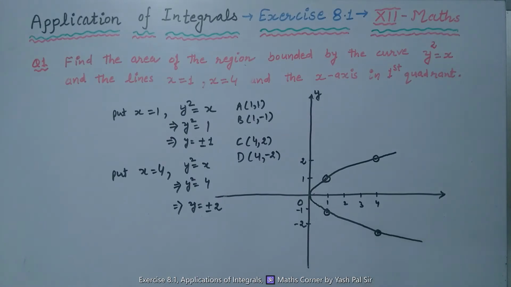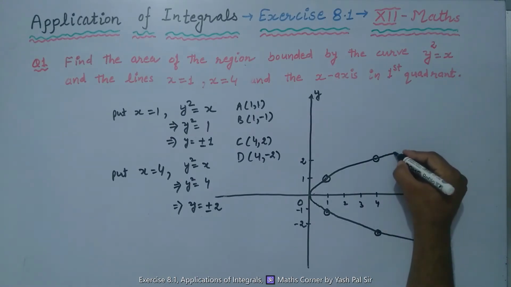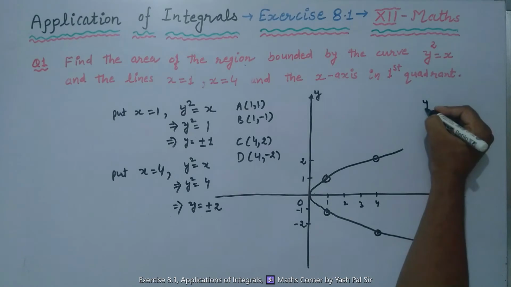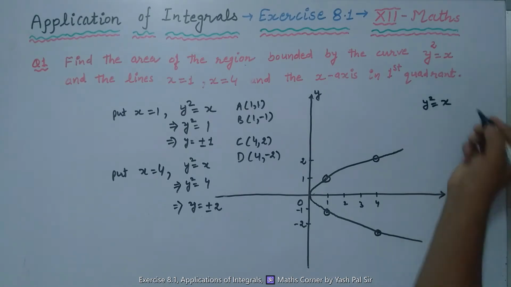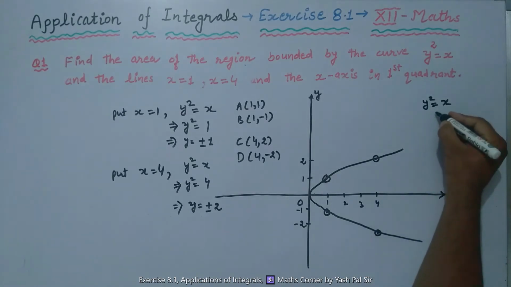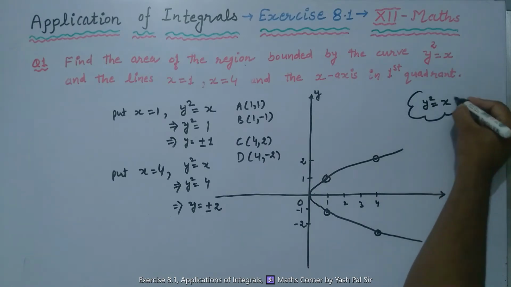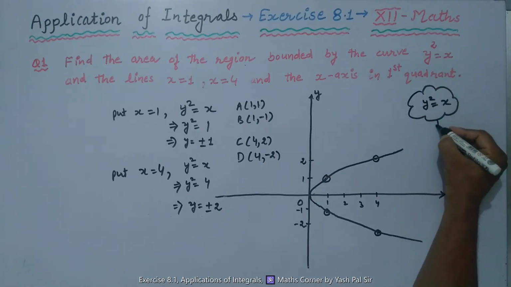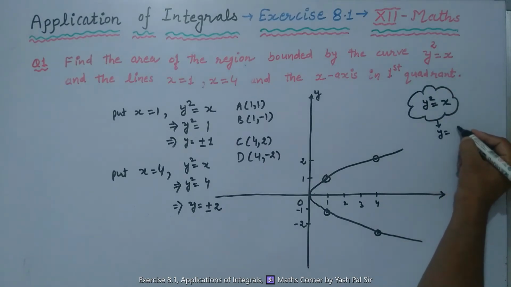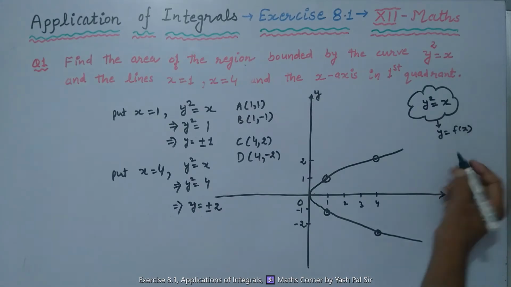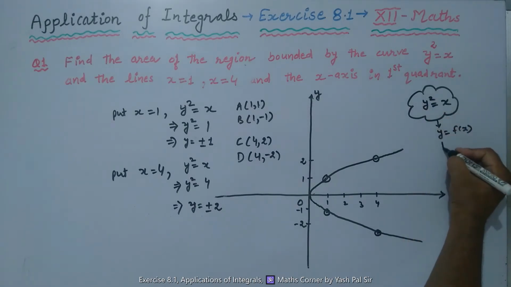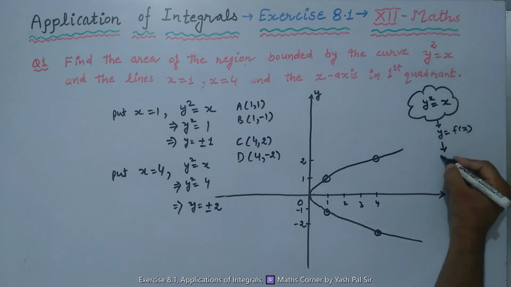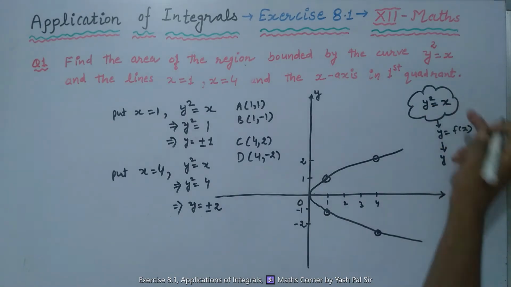This way, right? Name of the parabola is y square is equal to x, but we need here to convert this in the form of y is equal to f of x. For that we have to find the square root of this form.